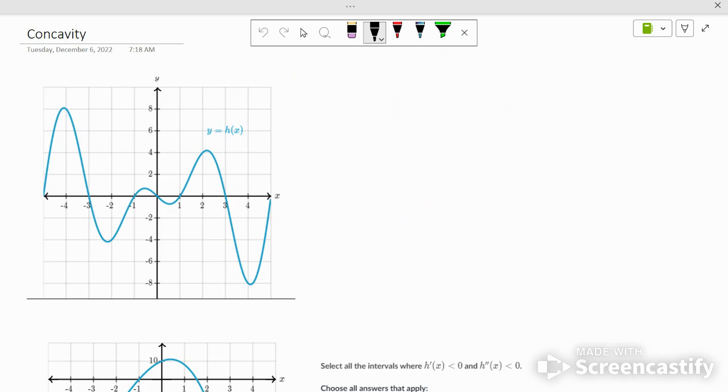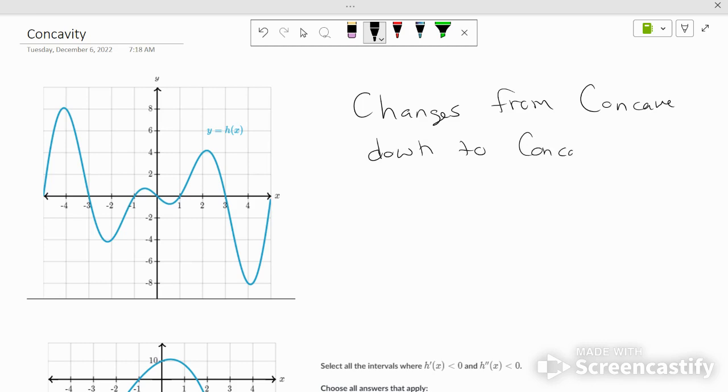So we have various ones concave down, various ones concave up. Where it changes from concave down to concave up is called a point of inflection.